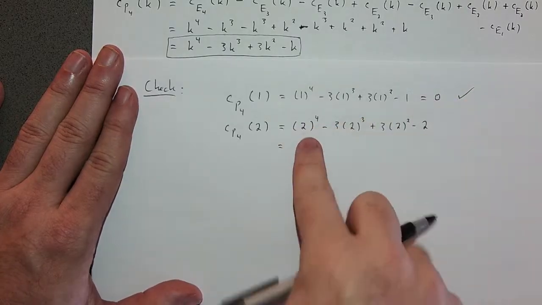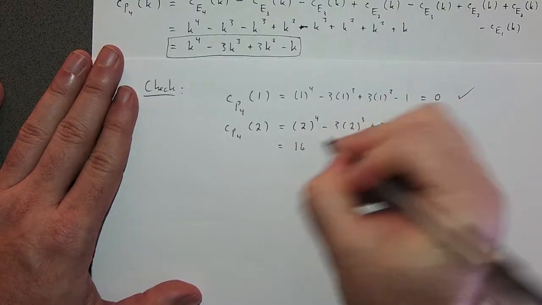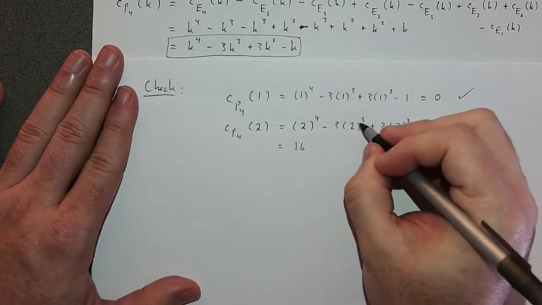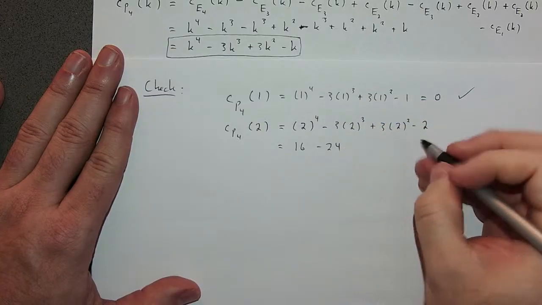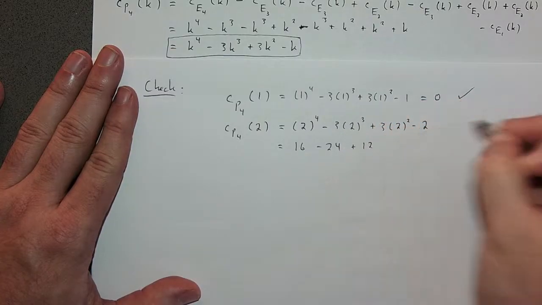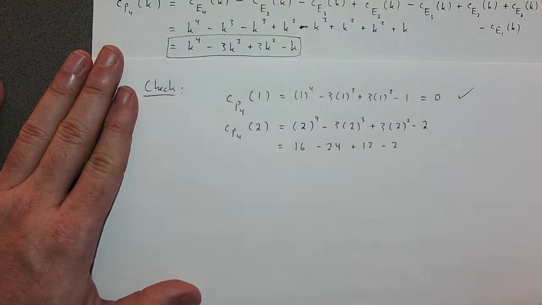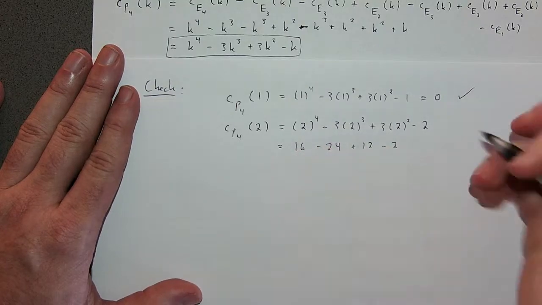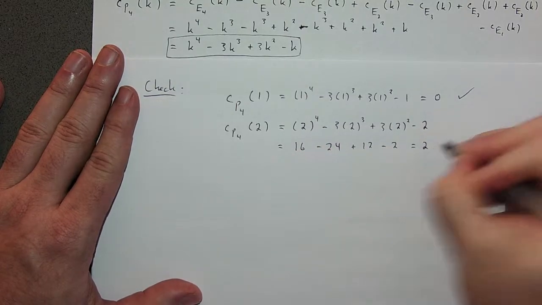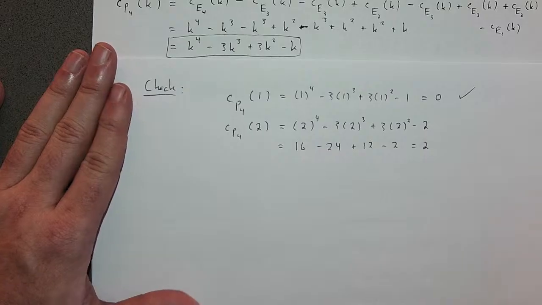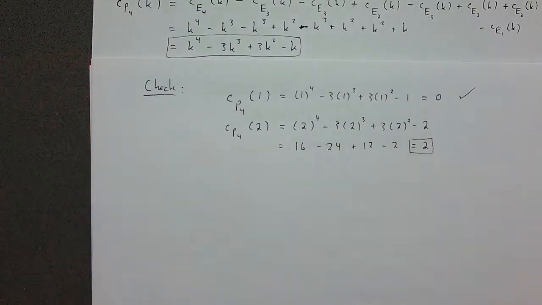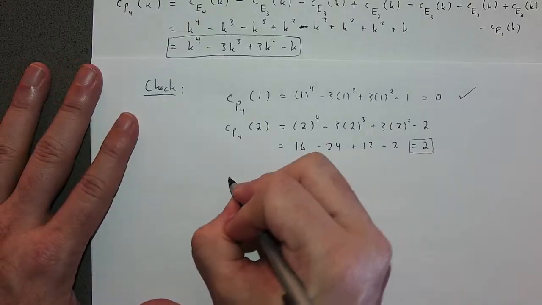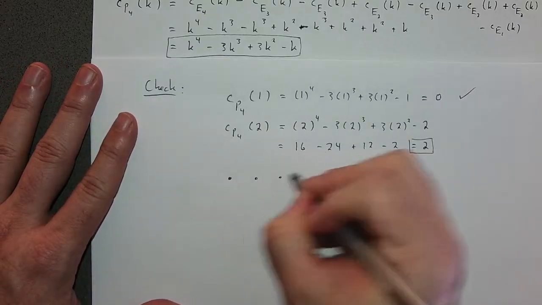This is 16 minus 3 times 8, so minus 24, plus 3 times 4, so plus 12, minus 2. So this is 26 minus 24. This is 2. Is this true? Well, let's just see.